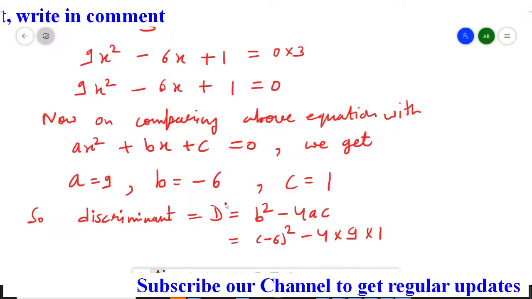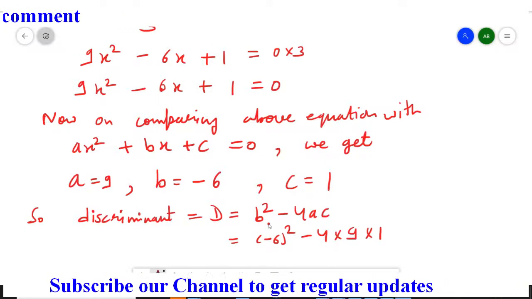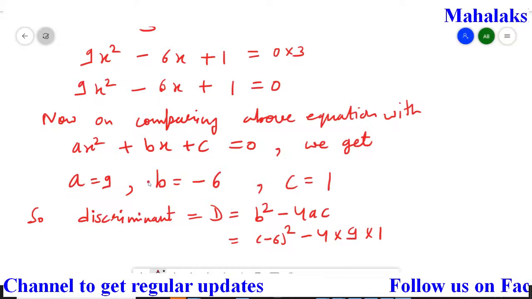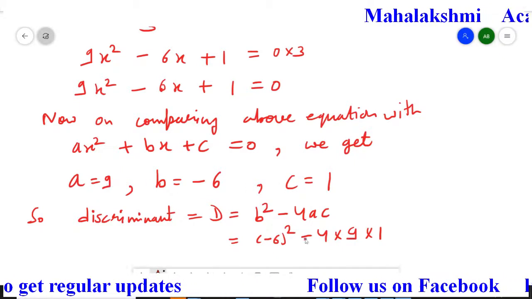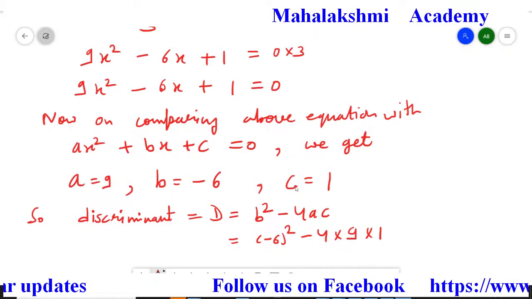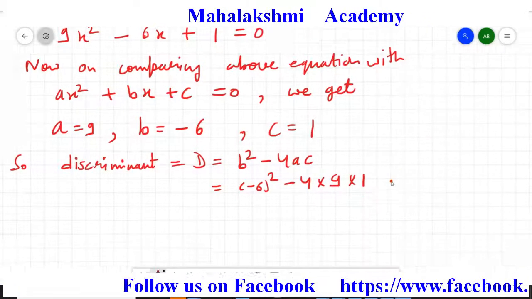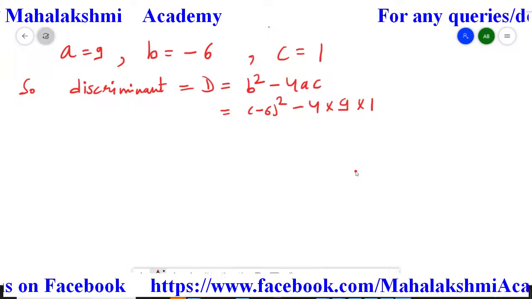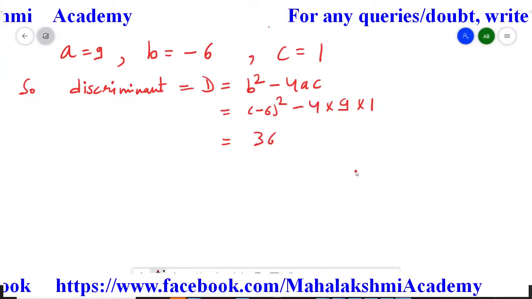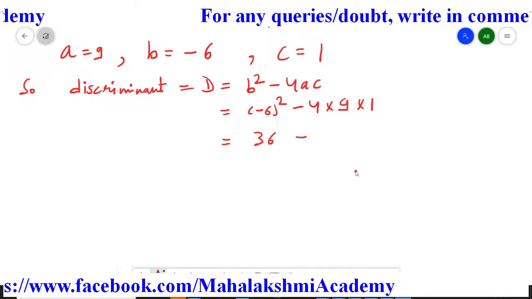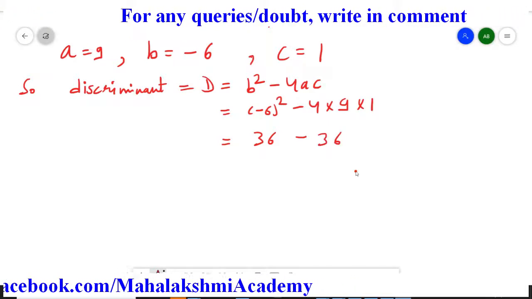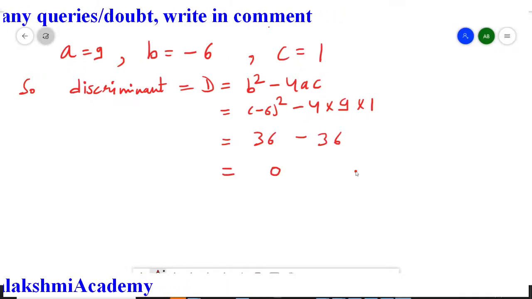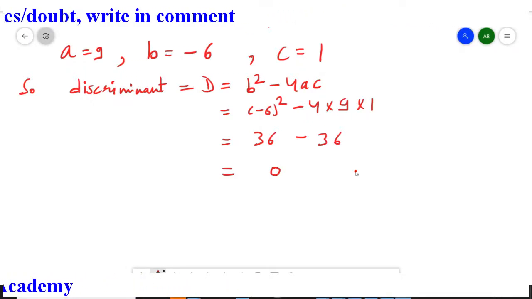First I wrote the formula for the discriminant. b is minus 6, so minus 6 squared, and minus 4ac means they are in multiplication. The a value is 9 and the c value is 1. So we simply put the values in the discriminant. Now we have to solve this. Students, minus 6 squared is plus 36, and then 4 nines are 36, and 36 times 1 is 36, and 36 minus 36 is 0. Now we got discriminant equal to 0, so we'll write down the nature now.